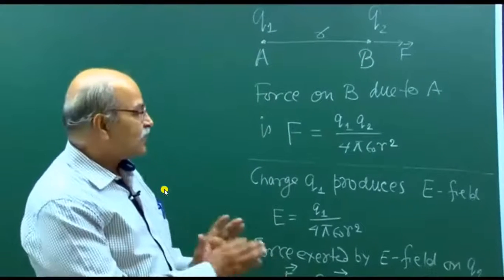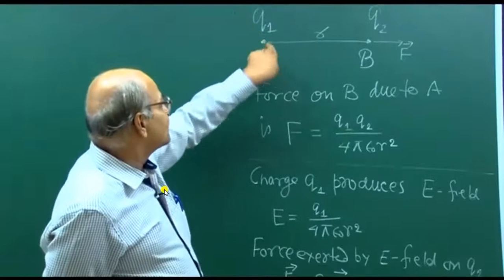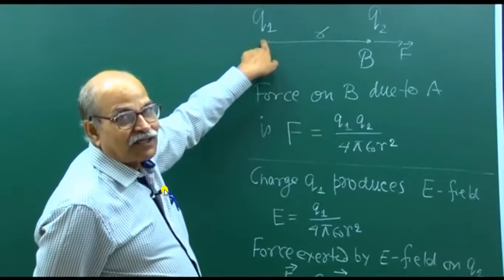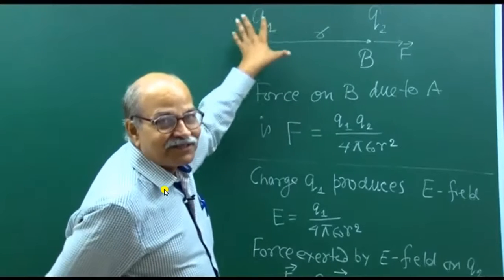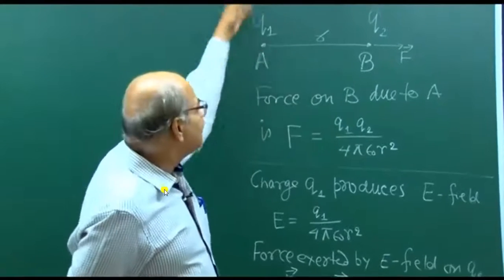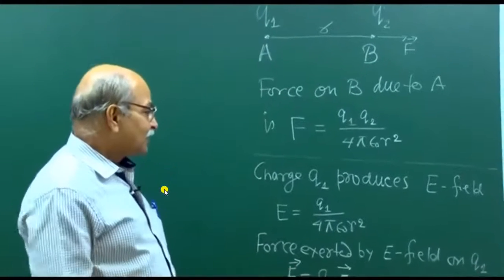Of course, the field produced by Q1 will not exert force on Q1, that you can argue from symmetry. If it did, in which direction would the force be, because the field is in all directions starting from Q1.